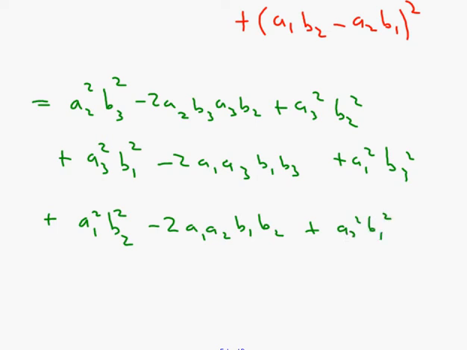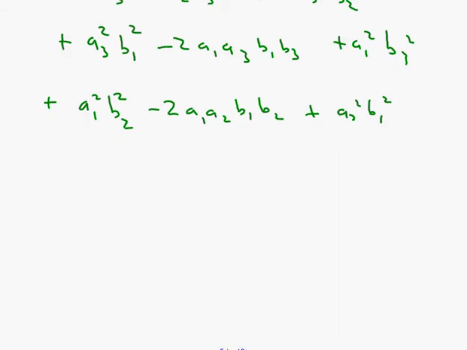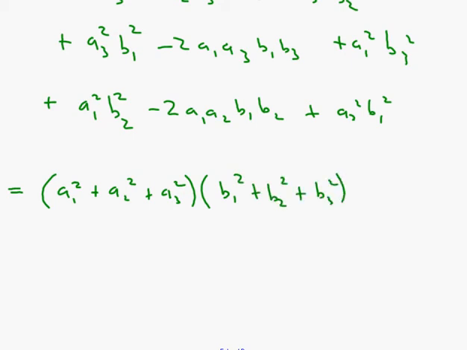Okay. Now, here's where I'm going to just do something magical. I am going to tell you that that horrible-looking expression is the same as this: (A1 squared plus A2 squared plus A3 squared) times (B1 squared plus B2 squared plus B3 squared) minus (A1 B1 plus A2 B2 plus A3 B3) quantity squared.